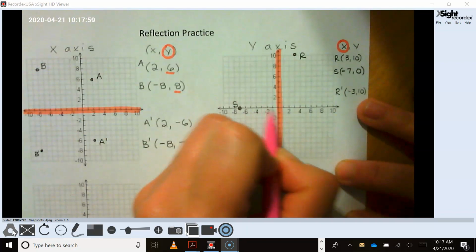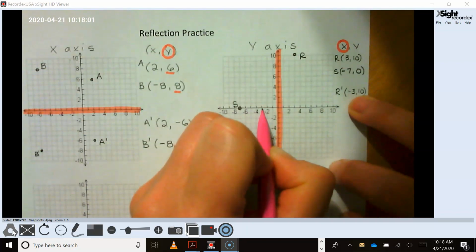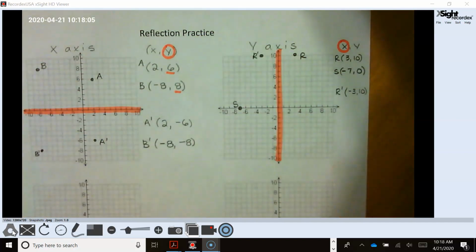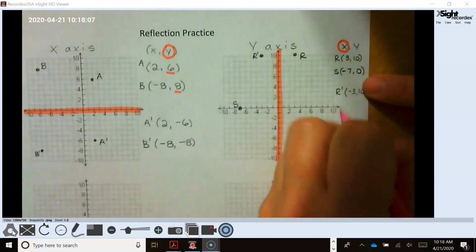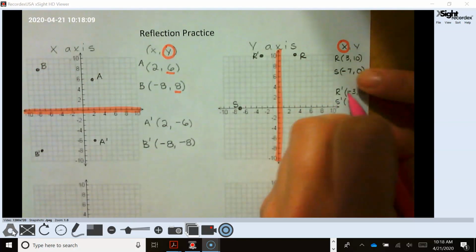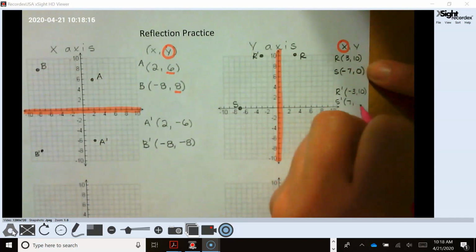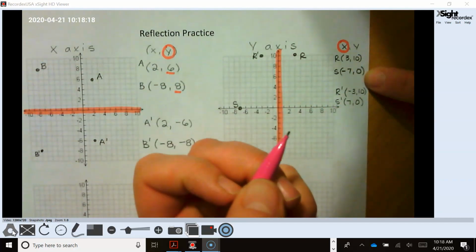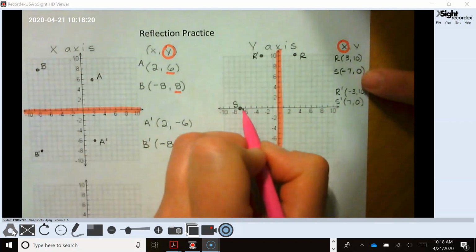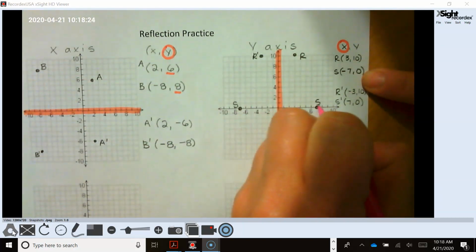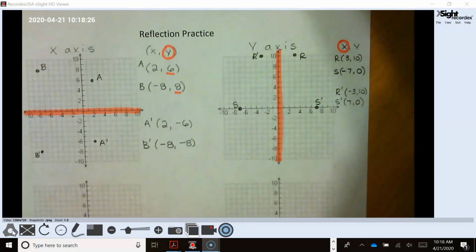From the origin, we go backwards 3, and we jump up 10. There's R prime. S prime is going to live at the opposite of -7. The opposite of -7 is +7, but we're still going to jump 0. We're not moving up or down at all. So from the origin, we run over 7 places. That's where S prime lives.